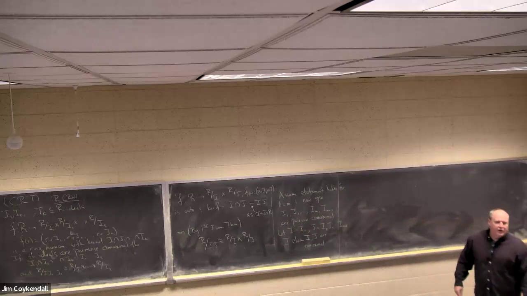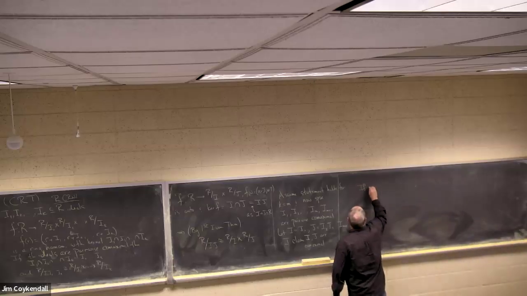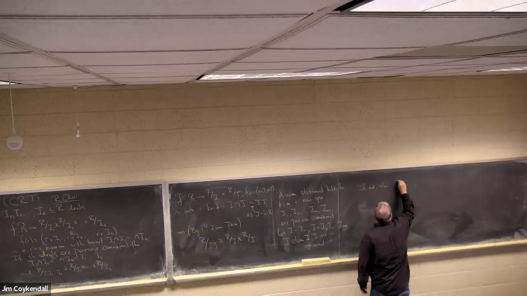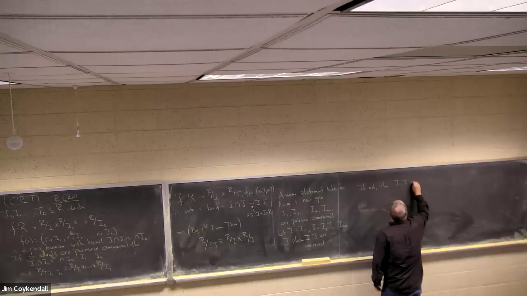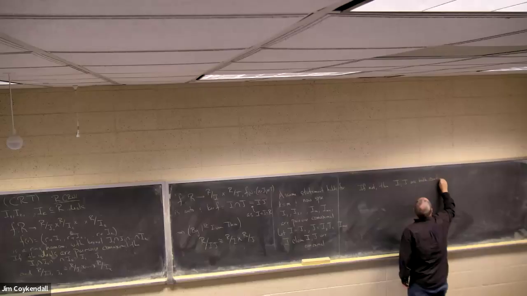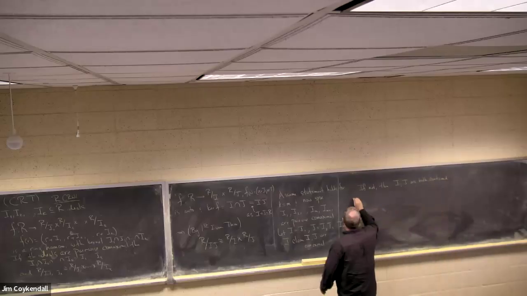I claim that I and J are comaximal. If not, then I and J are both contained in some maximal ideal.